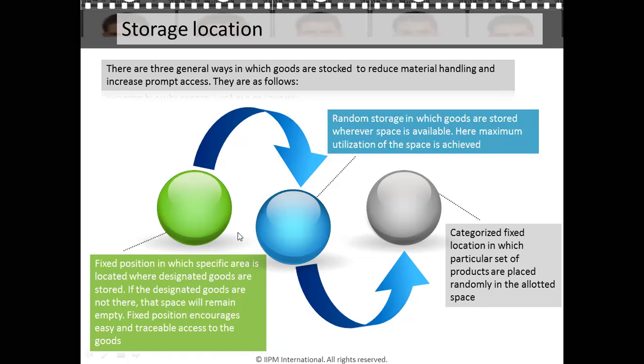If the designated goods are not there, that space will remain empty. Fixed position encourages easy and traceable access to the goods. Then we have the second one, random storage, in which goods are stored wherever space is available. Here, maximum utilization of the space is achieved. Then we have three, categorized fixed location, in which a particular set of products are placed randomly in the allotted space.